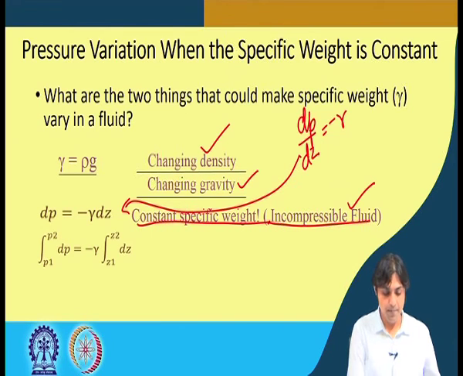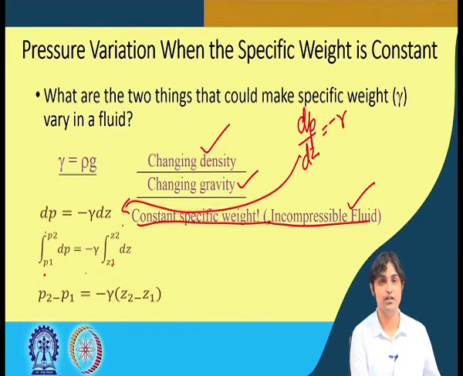If it is an incompressible fluid, we can simply integrate from P1 to P2 and from z1 to z2. Because gamma is constant, we can take it out of the integration, and we can write P2 minus P1 is equal to minus gamma into z2 minus z1.